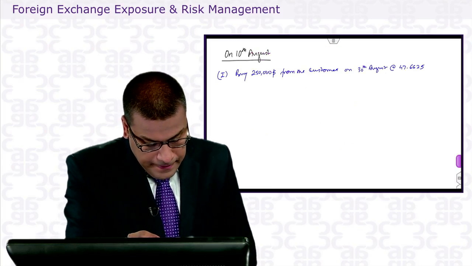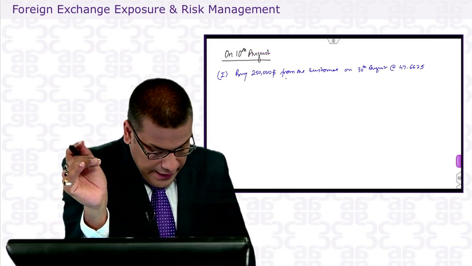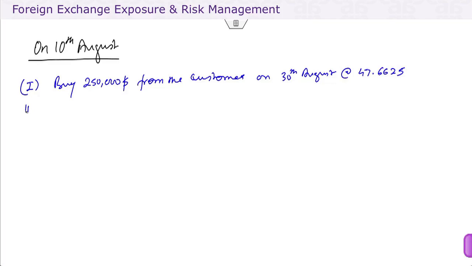This contract is necessary for cancellation on 15th of July, and subsequently there would be a second contract that the bank would enter into, that it would sell $2,50,000 to the customer on 30th of September at that rate.